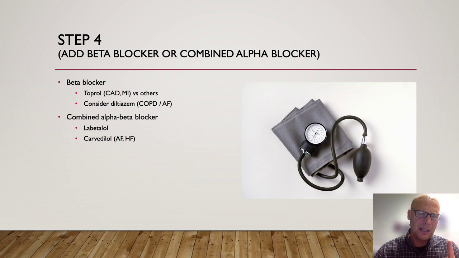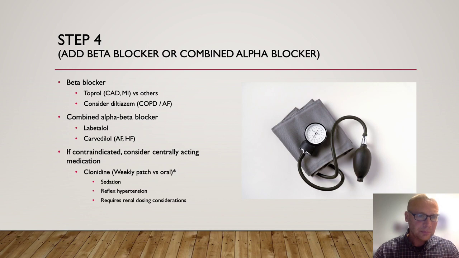These patients usually are already on something like Toprol in the beginning, but switching it out and adding something like labetalol or carvedilol may be a way of bringing down that pressure a little bit more effectively. In the meantime, if it remains extremely high, that's when you can start thinking about some of those centrally acting medications like clonidine, the weekly patches versus oral.